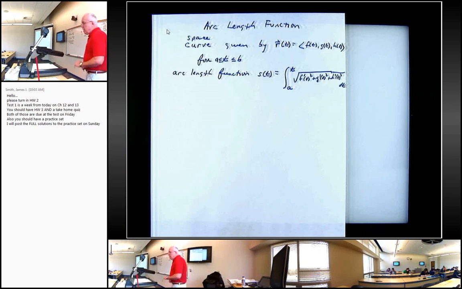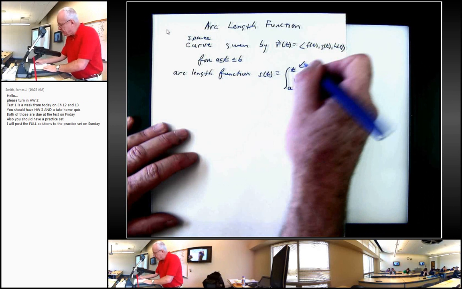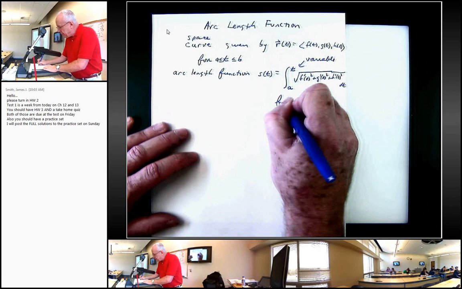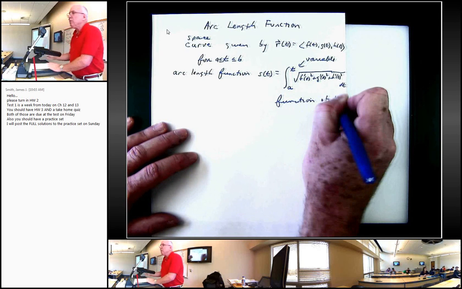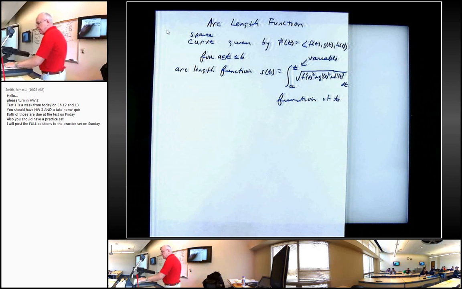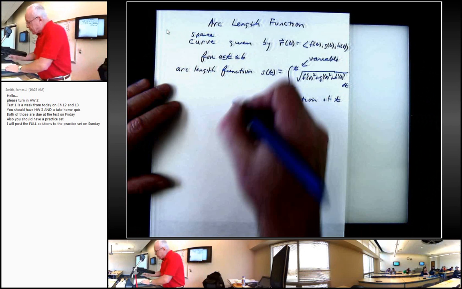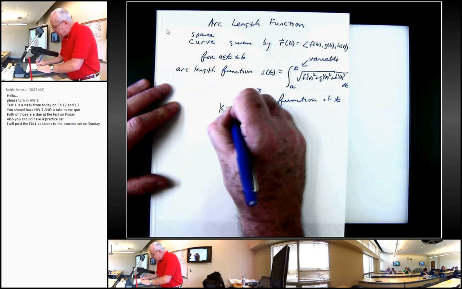All right. So this is actually a function because this upper limit here is a variable. So this is a function of t, which is why it's called an arc length function. So we just have a variable up there. And so let's just put it this way, know how to recognize this.